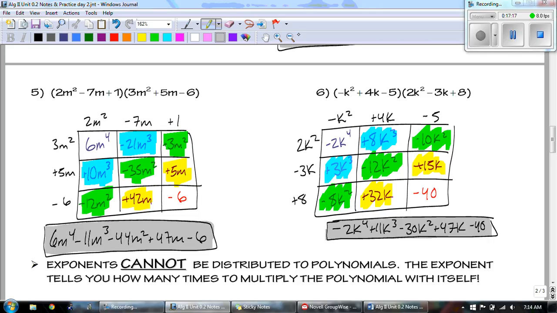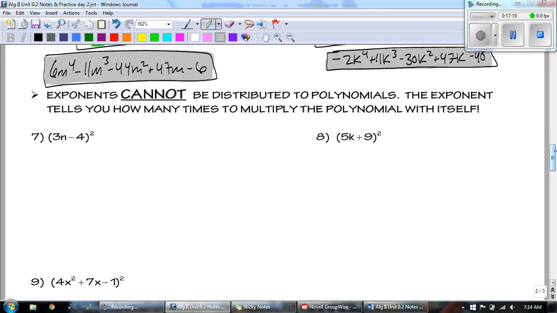Okay, so last thing, exponents cannot, I repeat, cannot be distributed to polynomials. The exponent tells you how many times to multiply the polynomial with itself, okay? So what we're saying is you just can't go like this and say, well, this is 9n squared minus 16.